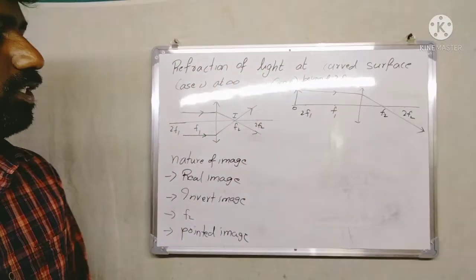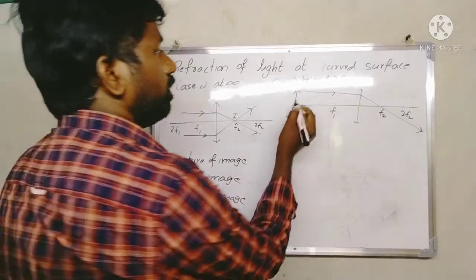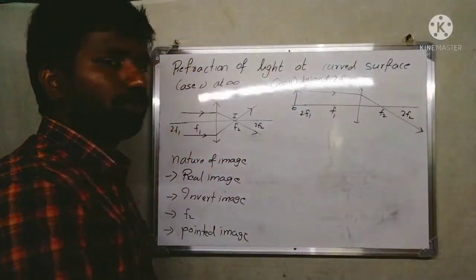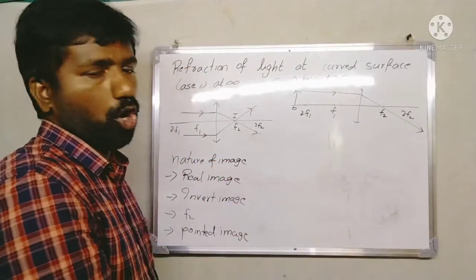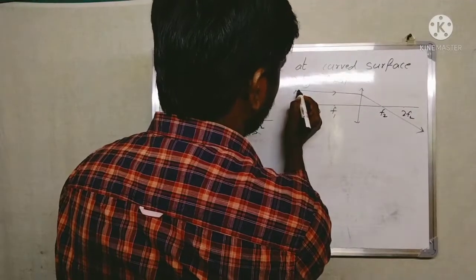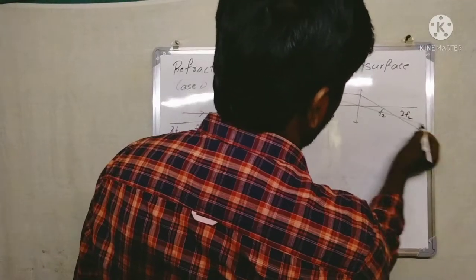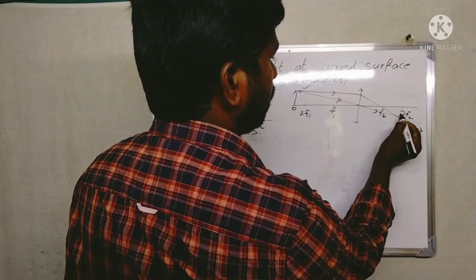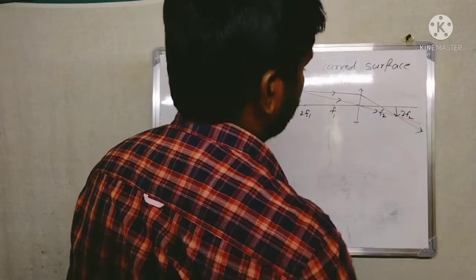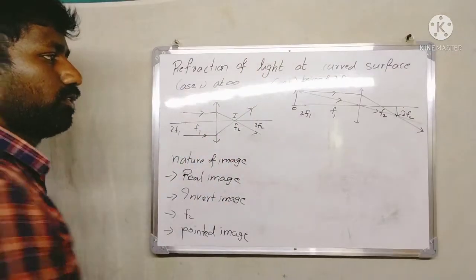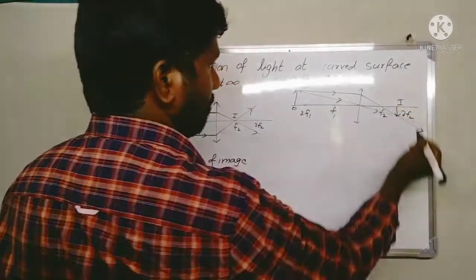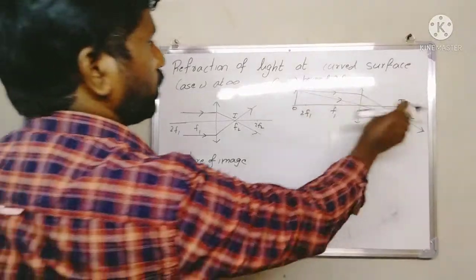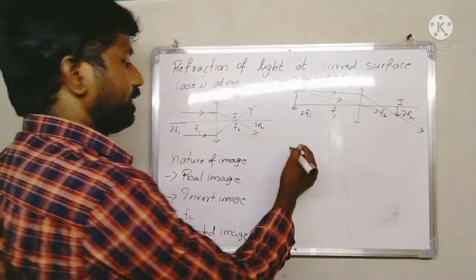And one more light ray we need to take, which starts at the tip of the object and passes through the optic center. This is the incident ray, this is the refracted ray. Here they intersect at this point, so we got the image here. So O is the object, I is the image, and we'll see the nature of the image.